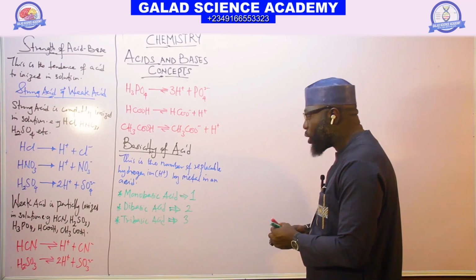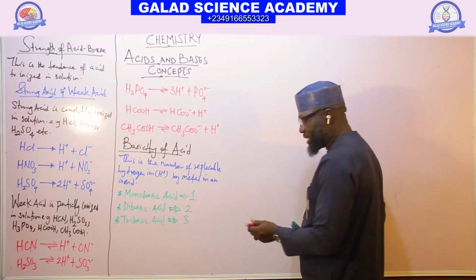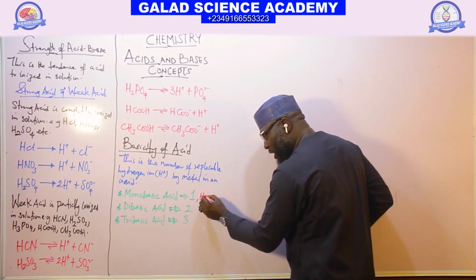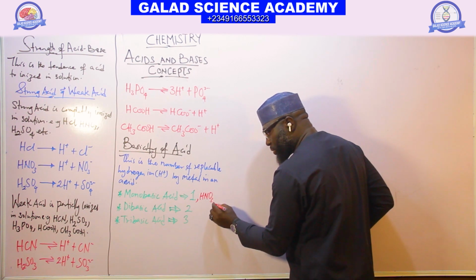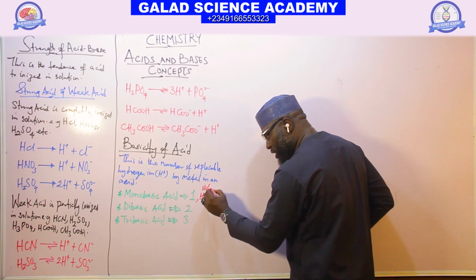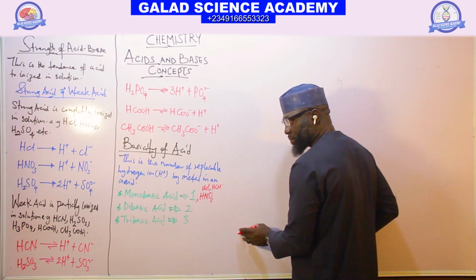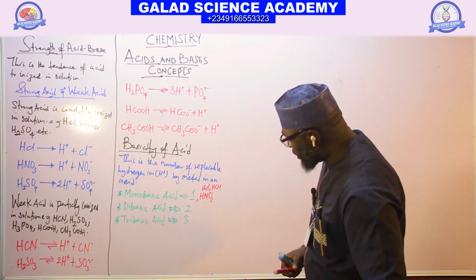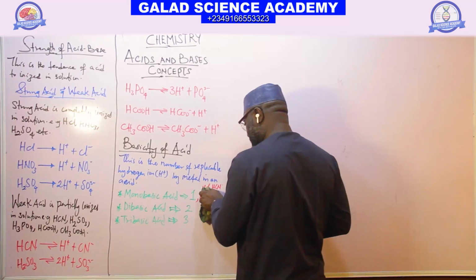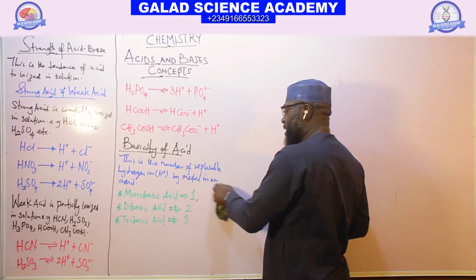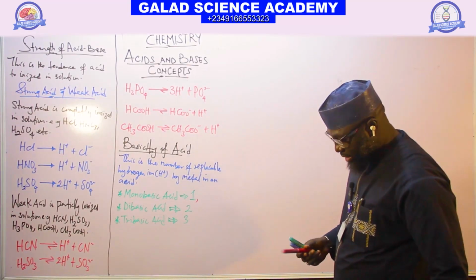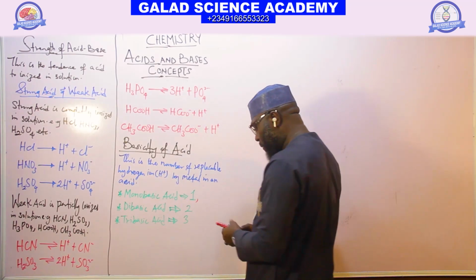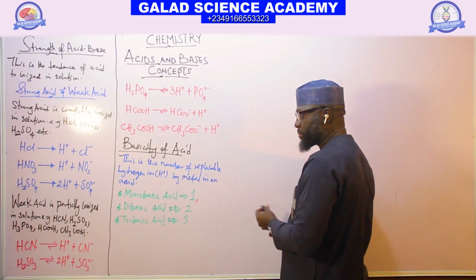Let us look at examples of monobasic acid. You can have HNO3, HCl, hydrogen cyanide. Let me do it this way. Take this reaction.